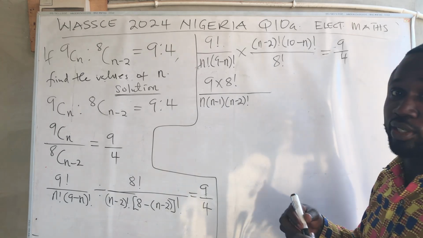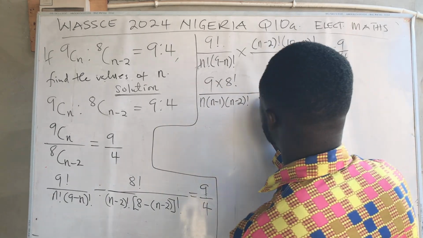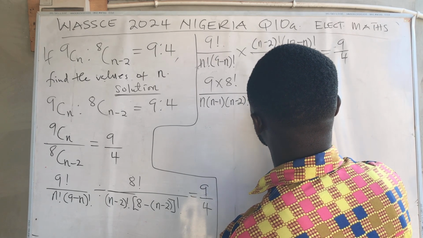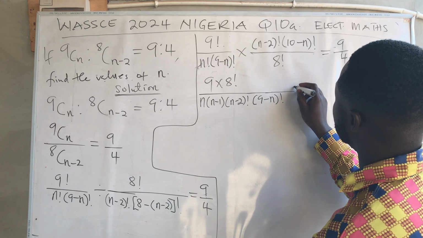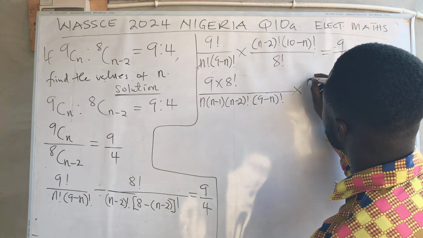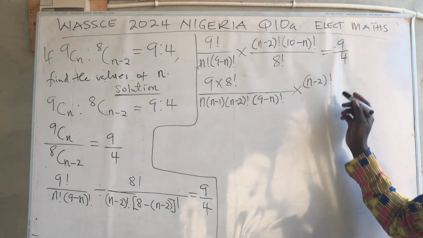Let's maintain the 9 minus n, so that we go and use the top and then we can cancel out here. So we multiply our 9 minus n all factorial. Okay, so times, you will have n minus 2 factorial here. We can cancel this.